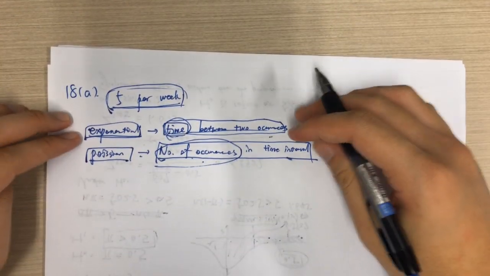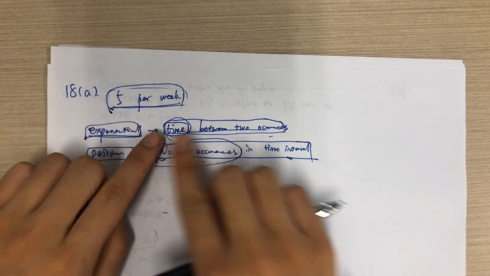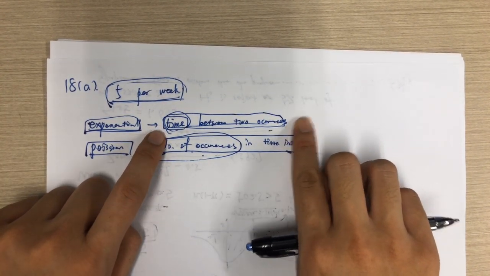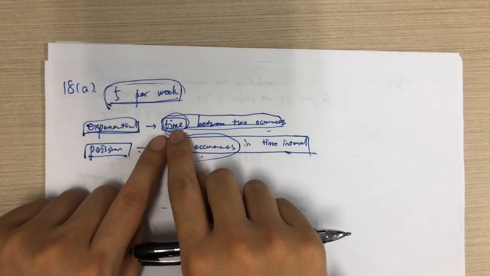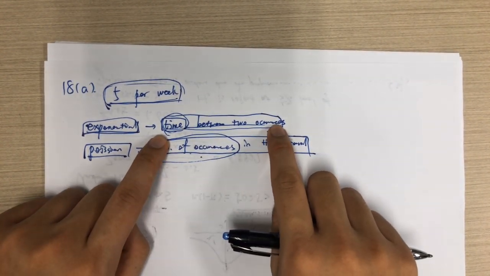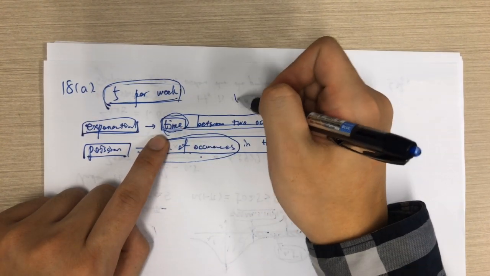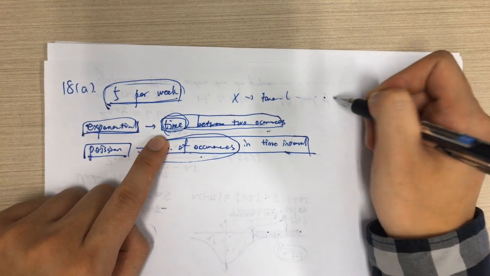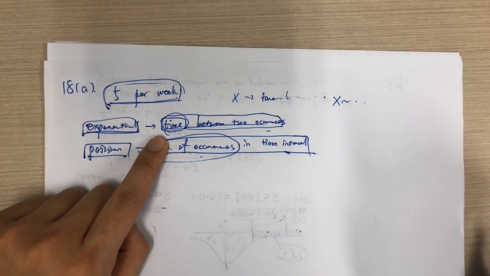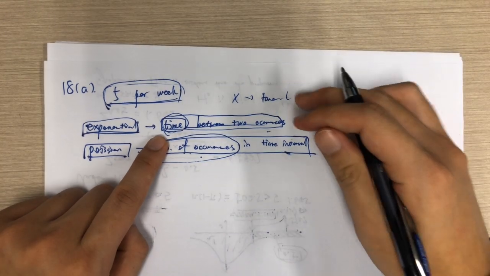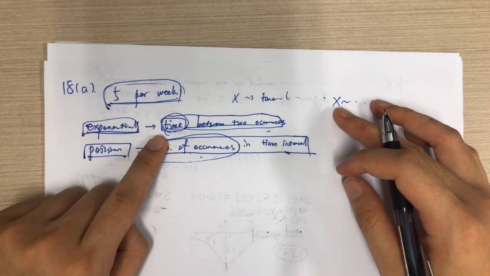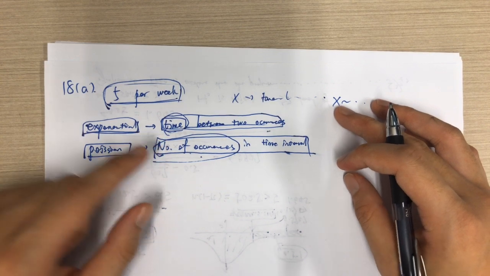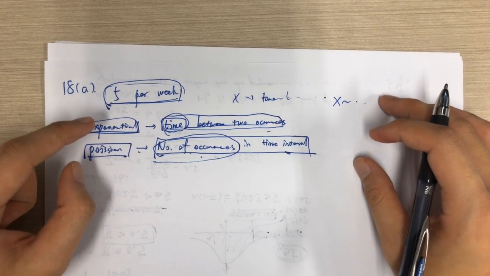So exponential distribution describes a continuous random variable. That's why it usually applies to time, because time is continuous. So we usually denote x as the time between two occurrences and say x follows an exponential distribution. Most of you lost marks in quiz 1 already, because you need to understand what the random variable in the question is.